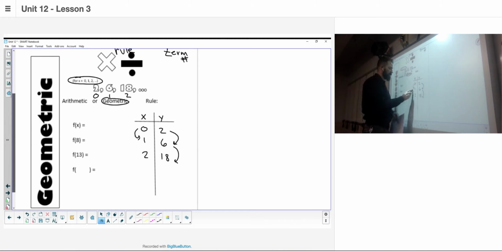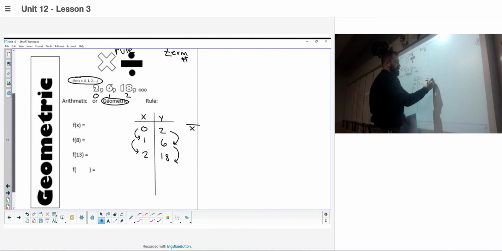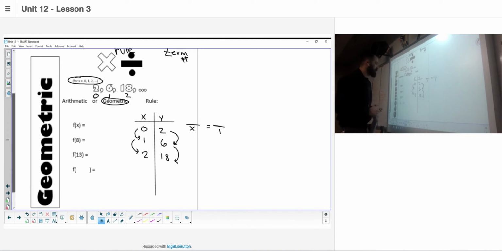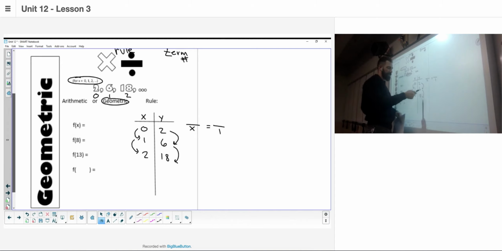This is just up by 1, so our change in x is plus 1. To get from 2 to 6, what do I multiply by? 2 times what equals 6? 3. 6 times what equals 18? 3. So we're multiplying by 3. That is my rule.